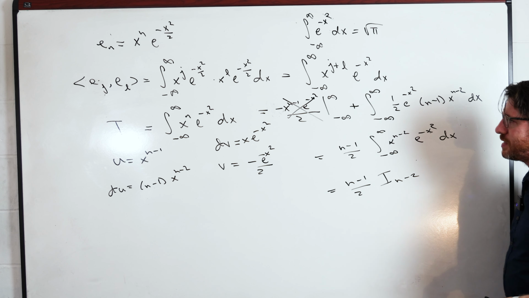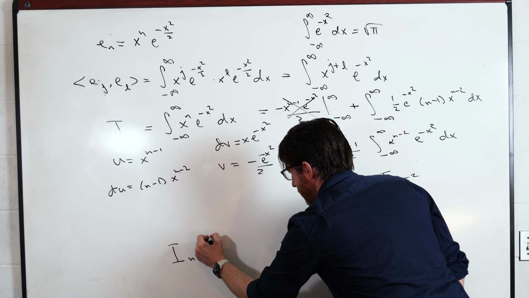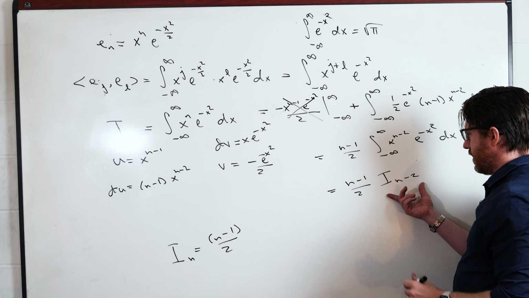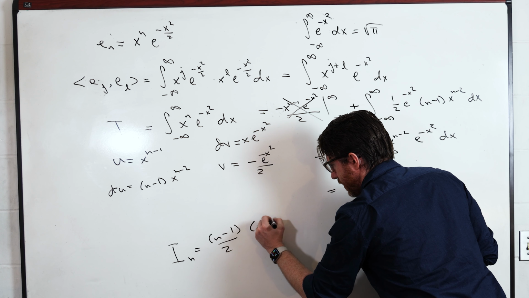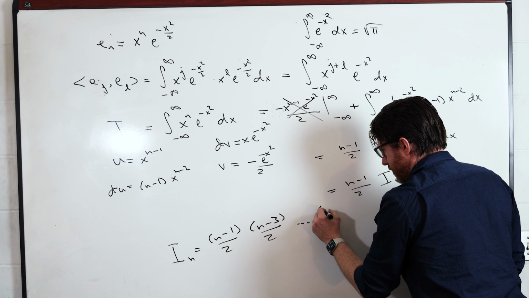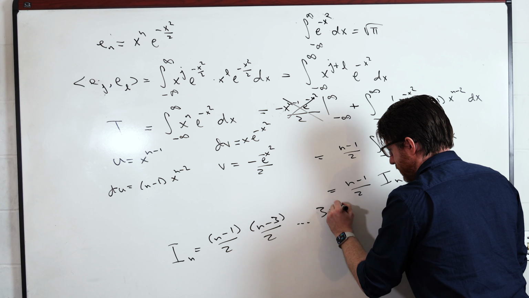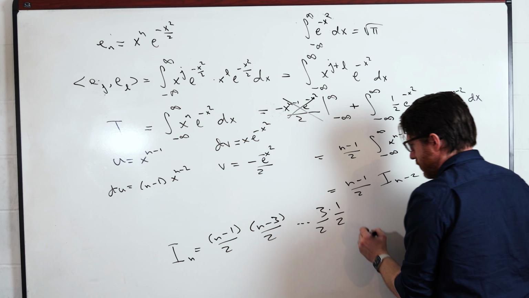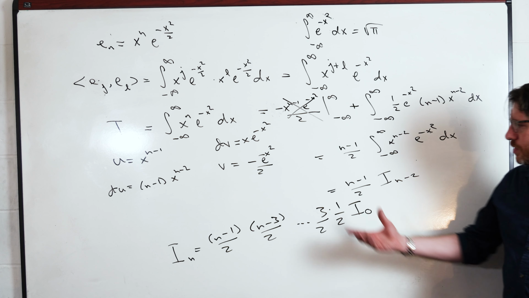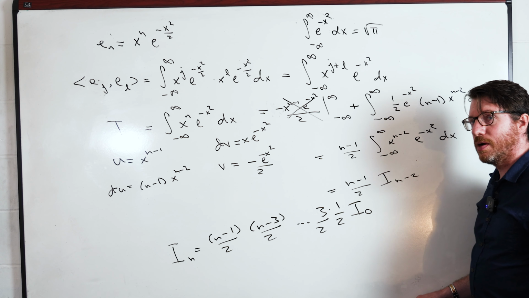And so then what we can see is that if I have an even number n, this is going to be n minus 1 divided by 2, and then this guy I can rewrite as n minus 3 divided by 2 times the next one, all the way down until I get to 3 times 1, each of these divided by 2, and then times I_0. And so, using an induction argument, we can spit this out, and I_0 is just the square root of pi.